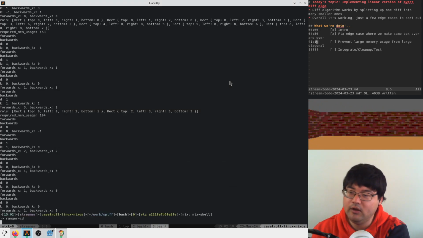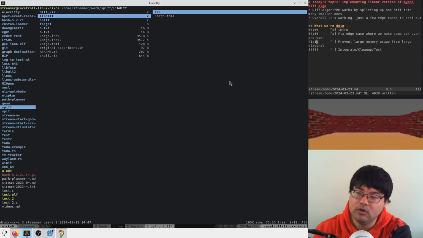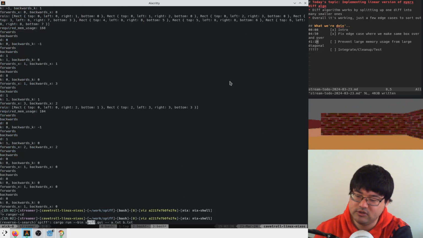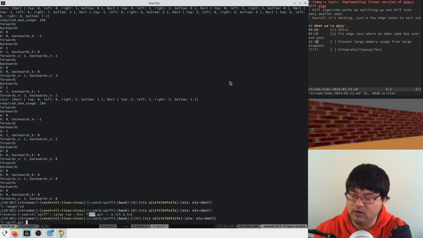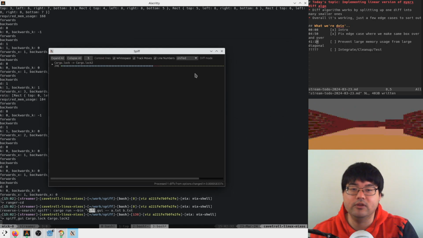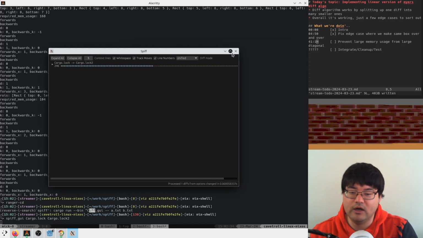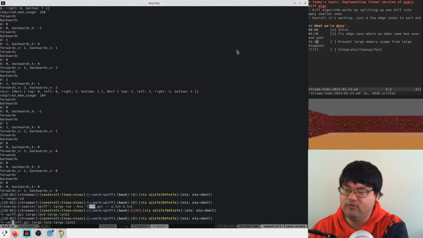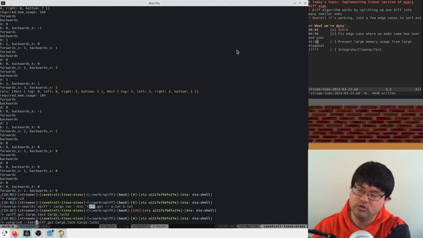Can we try doing it on spiff GUI cargo lock and cargo lock 2? So in this scenario, maybe we do Valgrind tool equals massif.